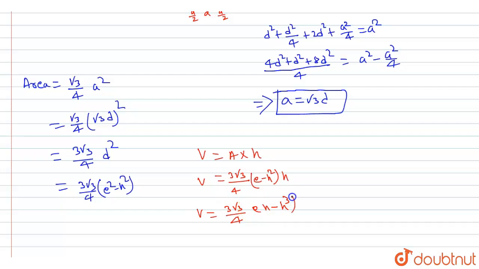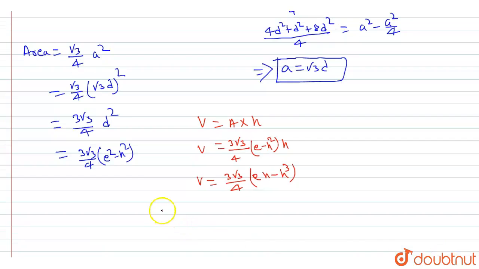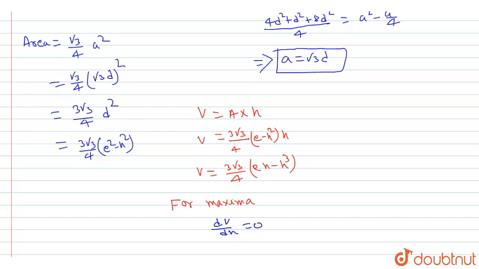Now for maxima and minima, for maximum we have to analyze from here. So for maximum, we know dV/dh will be equal to 0. Clear?